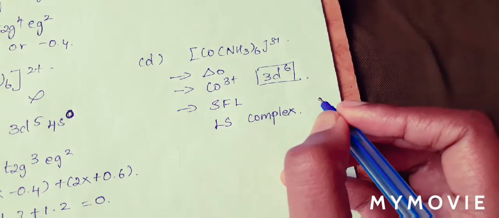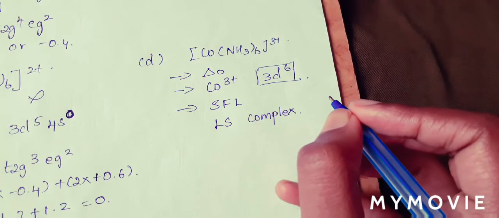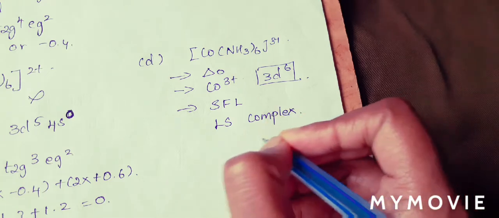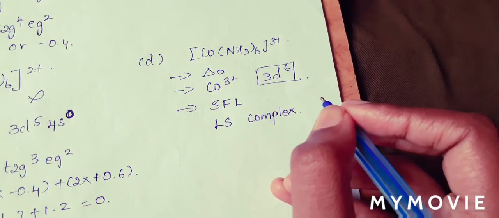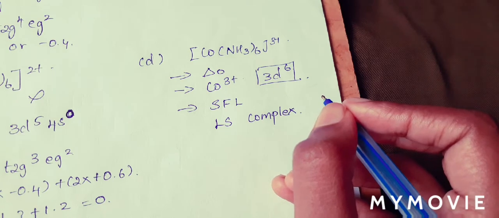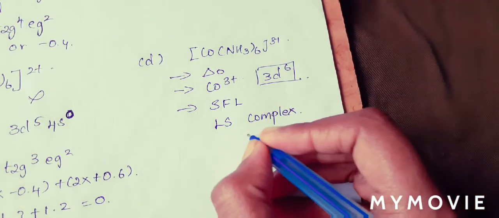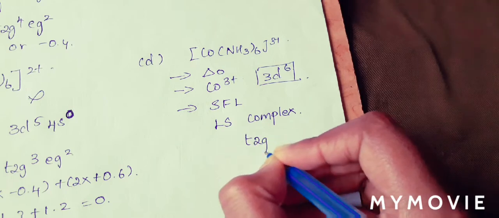What it means to form a low spin complex is that the electrons are going to be concentrated in the lower energy orbitals, or the filling up will not follow Hund's rule of multiplicity. How will it be? It will be t2g6.